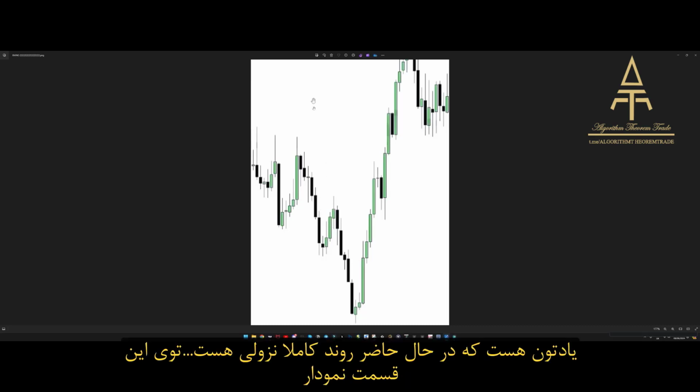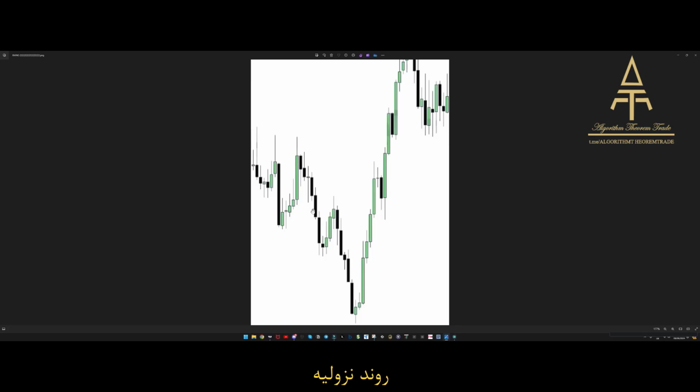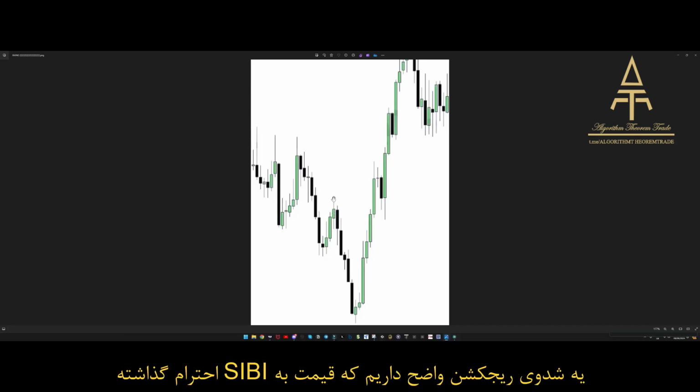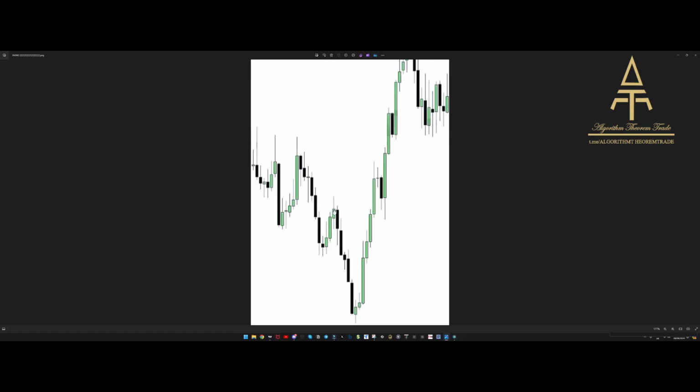Don't forget, we are clearly bearish at this point on this side of the curve. We're bearish. Price comes up, retests the SIBI, completely respects the SIBI. We get a clear rejection wick and we respect the SIBI. No one can argue that. Now, two things have already happened here.